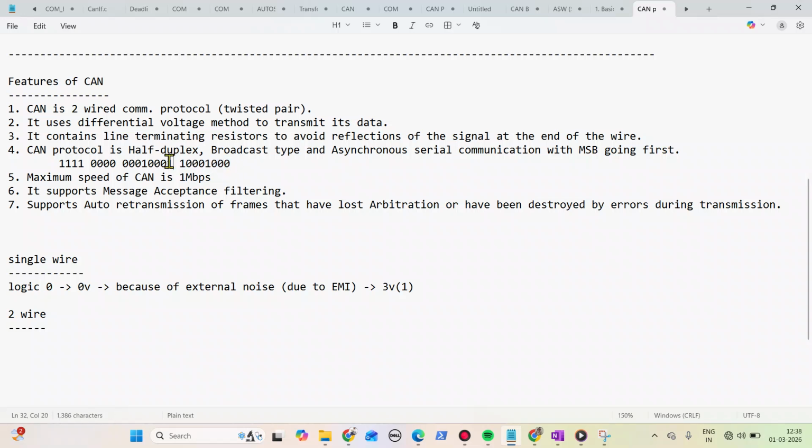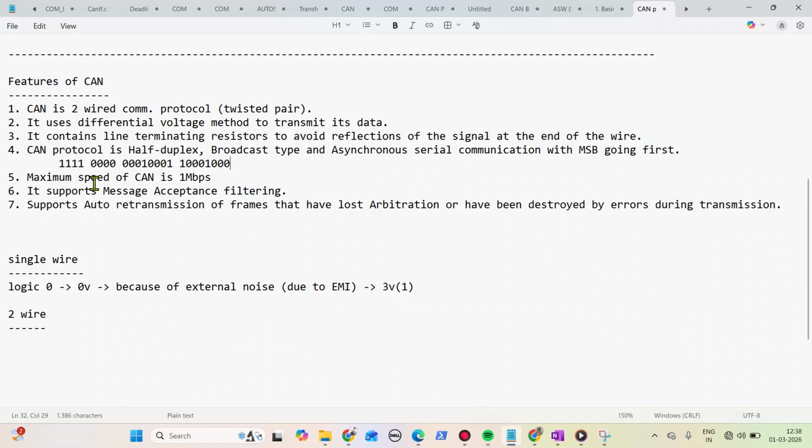Then it will come to this byte, and again this one is transmitted first, this 0, and then 0 0 1, and then 0 0 0 1. When this byte is completed, it will come to the third byte, and in this third byte this bit is transmitted first. This is how data is transmitted in CAN protocol. That is the meaning of that.